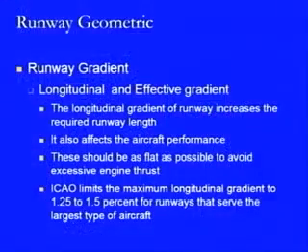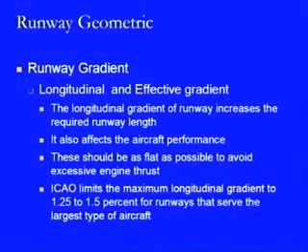Then this should be flat as far as possible, so that we can avoid excessive engine thrust, because if it is a downward direction and the aircraft is going in the upward direction, then the engine thrust will be towards the pavement side, whereas if it is going in the downward direction after traversing this point of connectivity of the two gradients, then the thrust will be in the upward direction and may cause problems with some other feature on the airport.